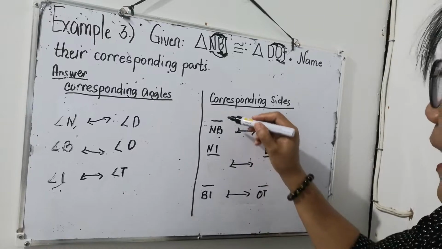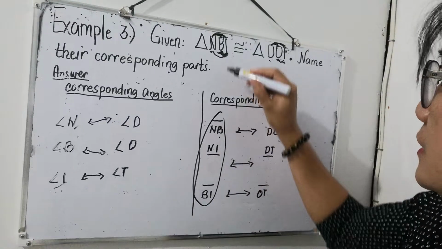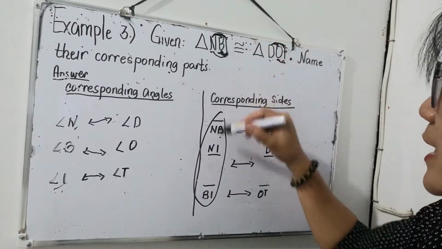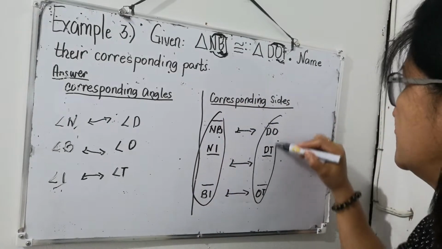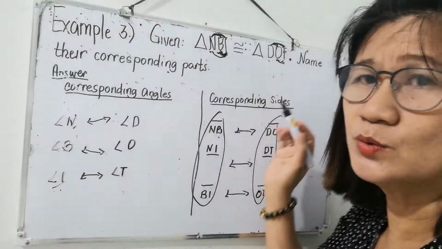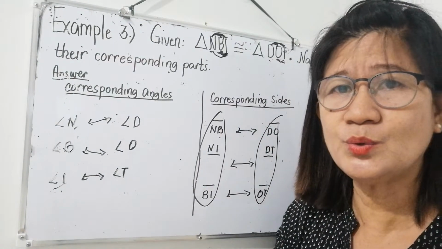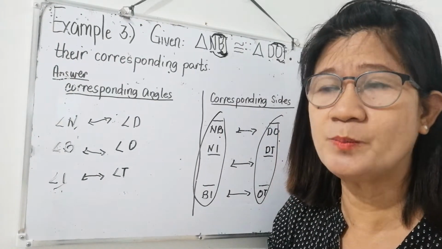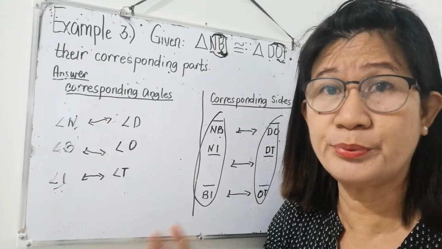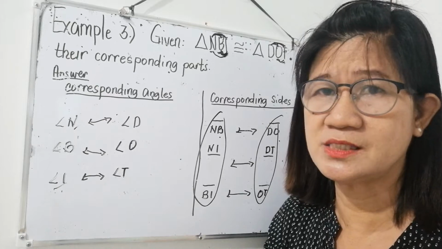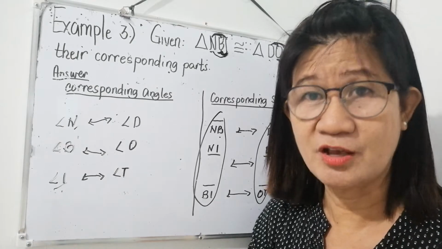Okay? So, lahat ng mga ito, si NB, NI, BI, nanggaling sa triangle NBI. Ito naman mga sides nanggaling kay triangle DOT. Okay, that's how to identify the corresponding parts of congruent triangles. And that's how to prove that the two triangles are congruent. So, thank you for watching.